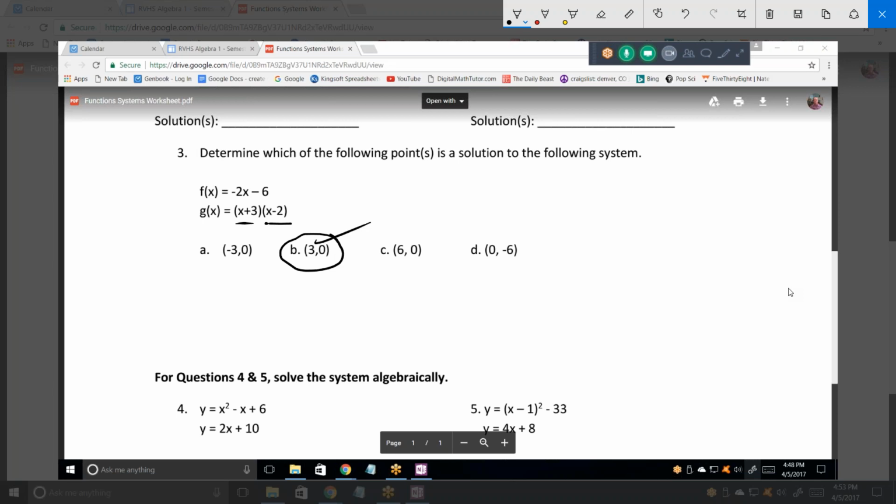Well, that doesn't do it. That doesn't do it. And that doesn't do it. The only one that even comes close to making one of those two terms 0 is when x is minus 3. So in a way, you can almost solve this thing in a multitude of ways. But either one gives you A as the solution.